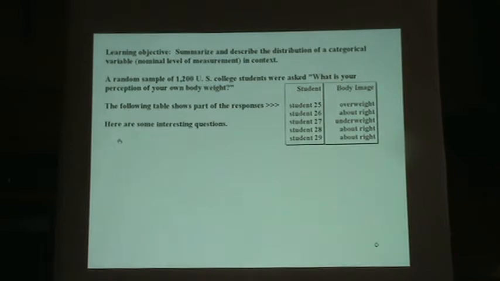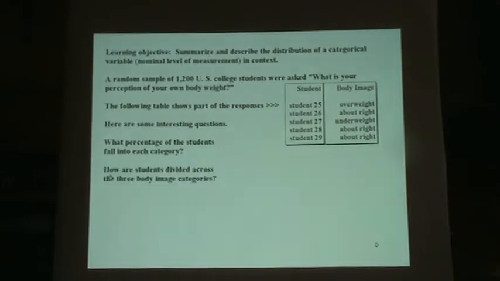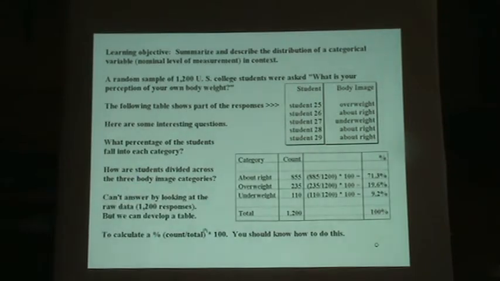And so we may have some questions here we would like to ask. What percentage of the students fall into each category? How are students divided across the 3 body image categories? And if we were to look at all 1,200 pieces of data, it would almost be impossible to get at any understanding of it.